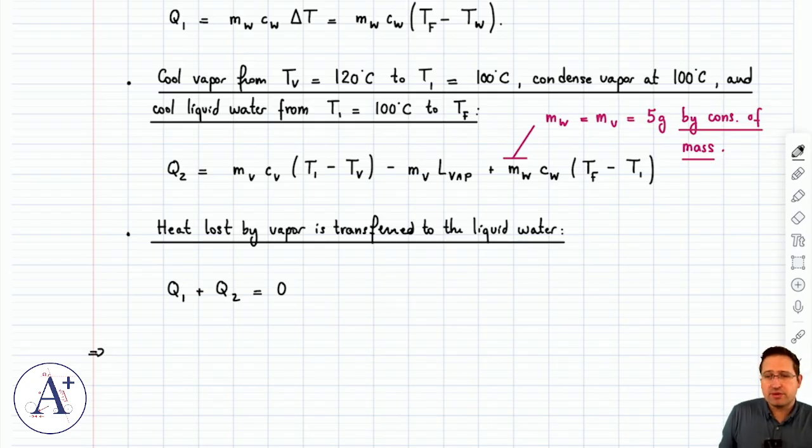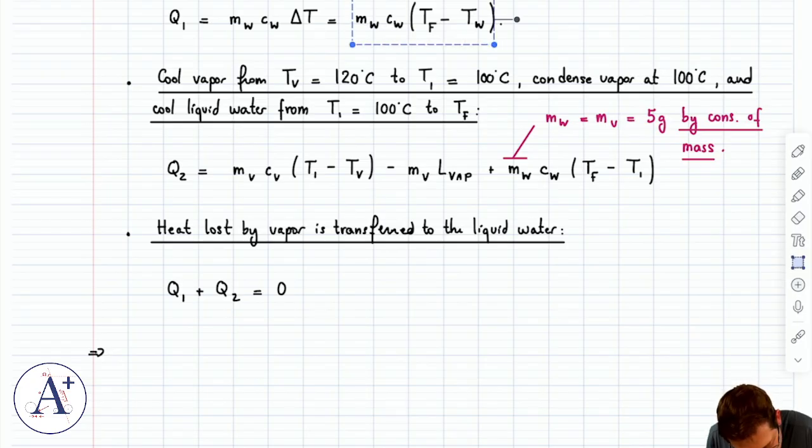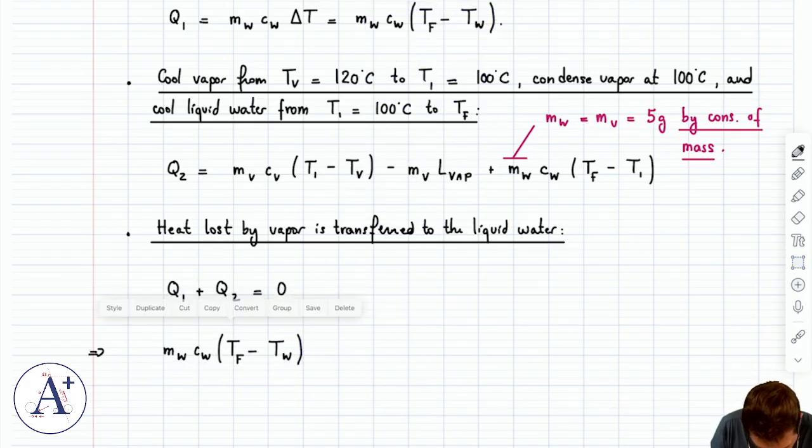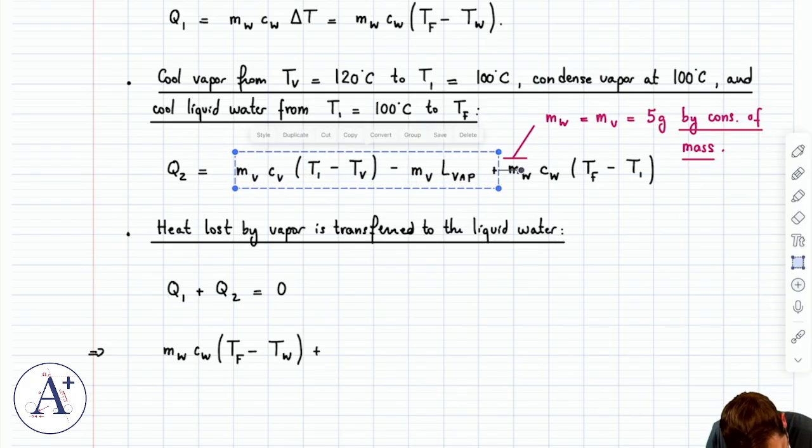So these two amounts, which were hopefully easy to track individually, can now be added up to 0, and we solve for whatever the unknown is. Okay, so what's Q1? Q1 is this. Okay, so it's going to be Q1 plus all of this.